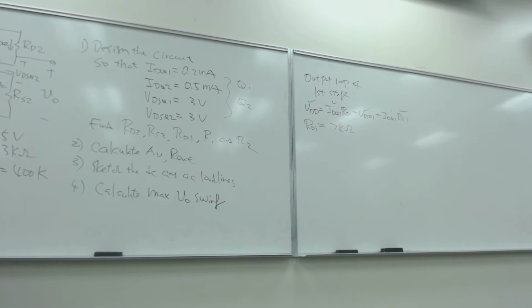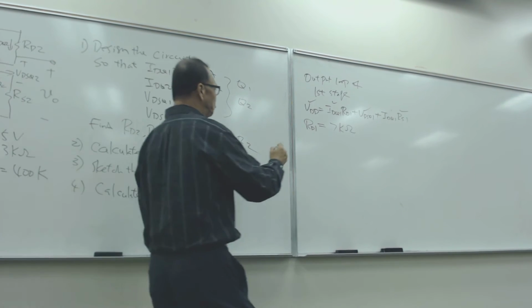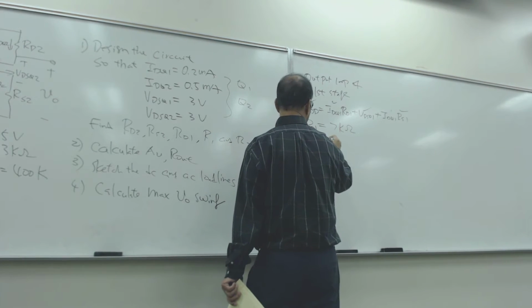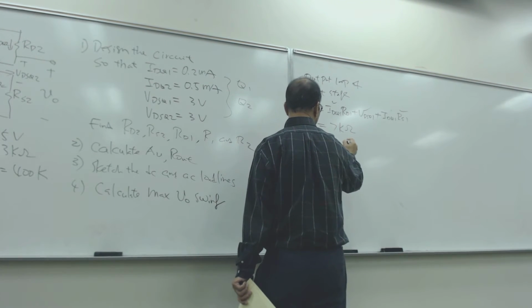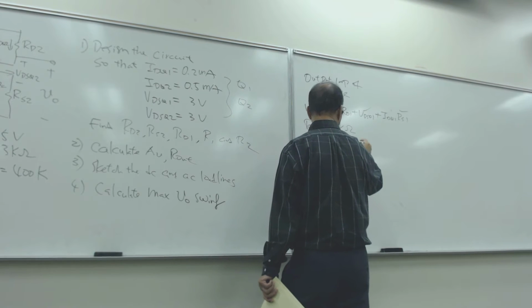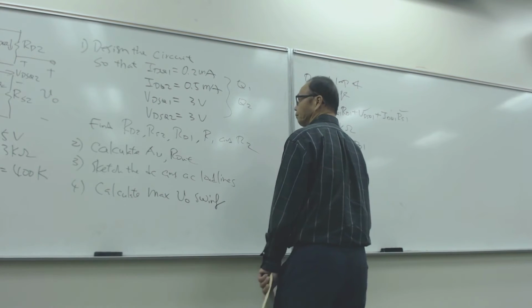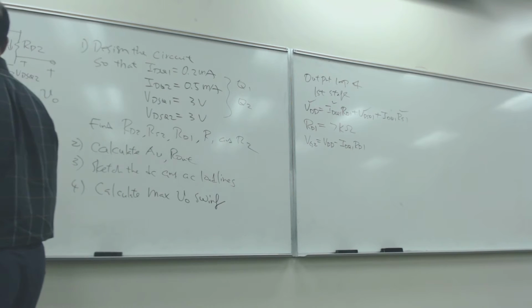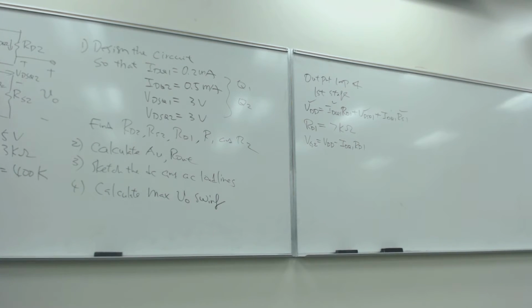Alright, now let me call this voltage VG2, correct? Okay, so VG2 is equal to VDD minus IDQ1 RD1, yes? Correct? This voltage to the ground is this voltage minus the voltage drop on RD1, right?